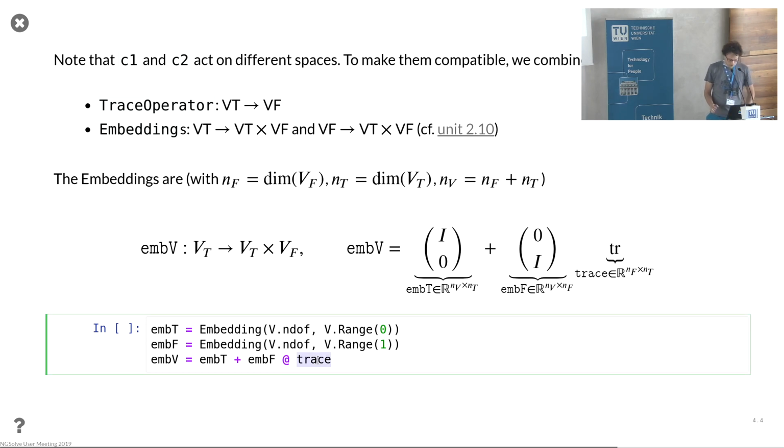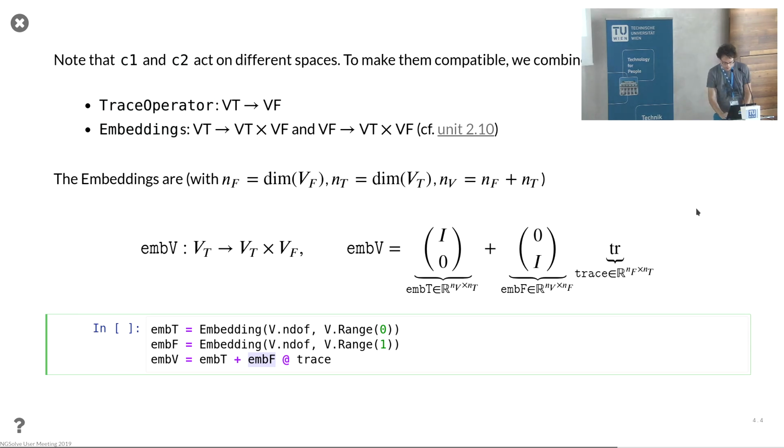We first apply the trace operator, which means I map my DG functions to the trace of those functions, to this facet finite element space, and then have this embedded F. Where's the embedding F? This is just this matrix here, which blows up this again into the product space.